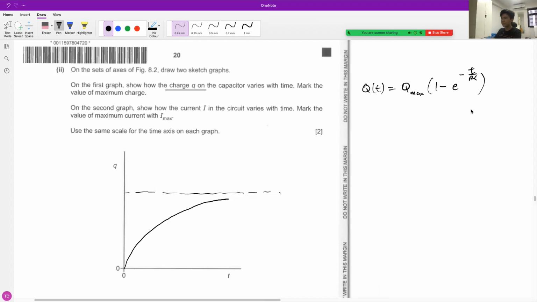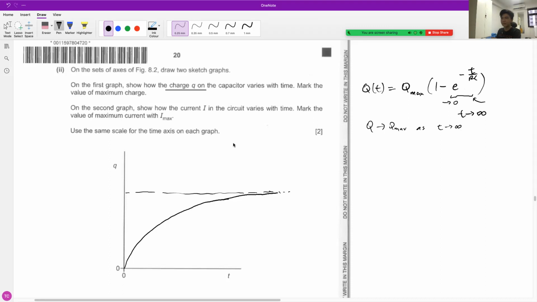As t approaches infinity, this exponential term approaches 0, and your Q approaches Q max. But because this is never exactly 0, strictly speaking, you never actually reach the maximum charge, but it just asymptotes towards it until it's super close.